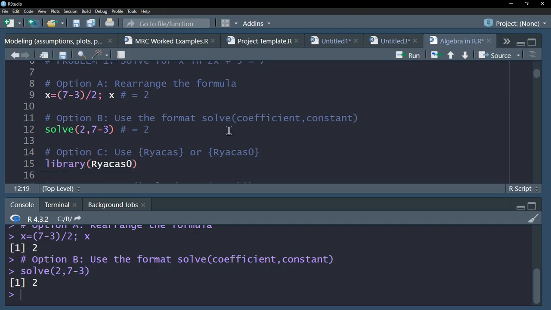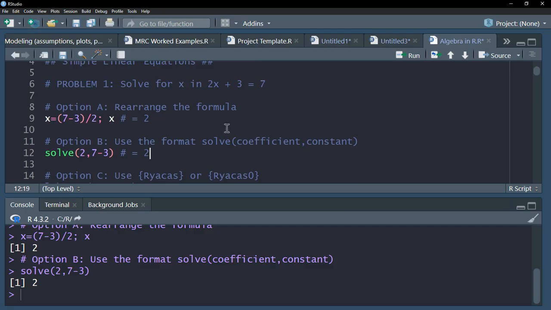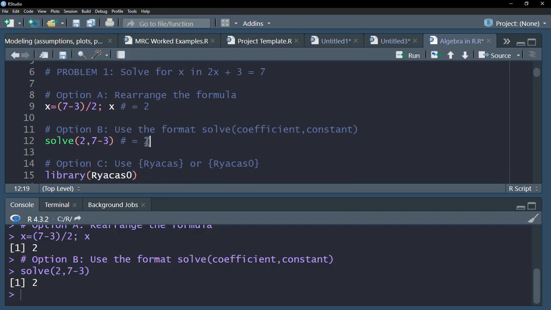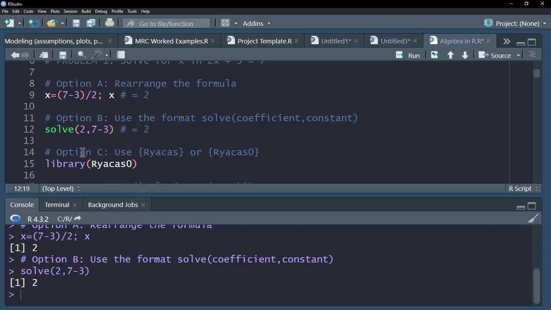Now, if you're like me, you really like the appeal of something like MathPapa or WolframAlpha, where you just kind of throw it in there and it knows what you want and it solves for x. We can make that happen, but we have to do it in kind of a wonky way. So our third way of doing this is using Ryacas, or specifically Ryacas0.